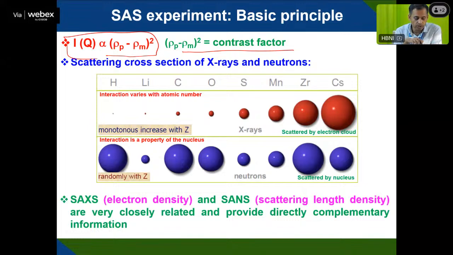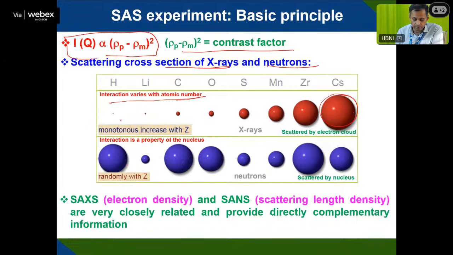As I told, in case of X-ray, it is determined by the X-ray scattering length, and for the neutron it is the neutron scattering length. You can see in case of X-ray how the interaction varies with atomic number. From smaller to larger, you have a very big scattering intensity. But in case of neutrons it is not monotonous; it varies randomly with the atomic number.